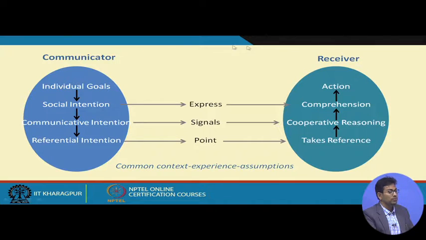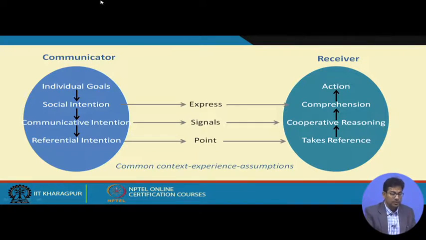If you look into the diagram, it broadly has three segments. One is to do with the communicator, one is to do with the receiver, and one is where there is an interaction happening. So, if we now look into the communicator, we see the first aspect of the communicator is to do with individual goals.